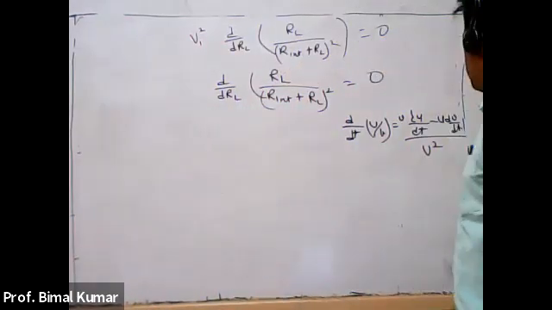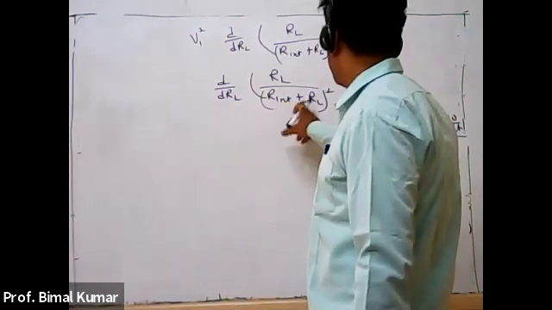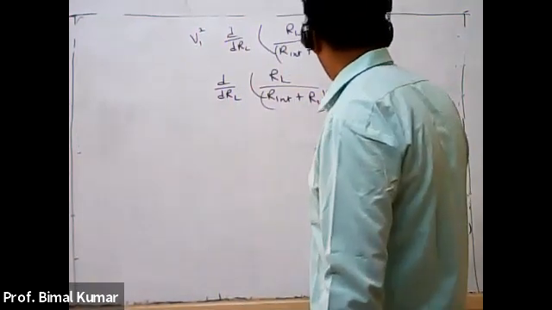I think you must be aware of this relation. Here v is equal to R internal plus RL whole square and u is equal to RL.